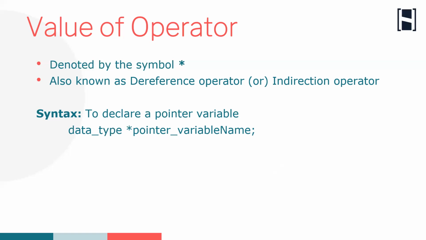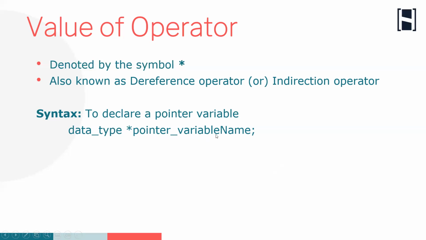Now, how to create a pointer variable? The syntax is very much similar to what we have done, but the only difference is we are going to make use of this value of operator. Look at the syntax. Data type: we already know what a data type is and what the available data types are, so we can mention any valid data type here. Then we give a variable name.